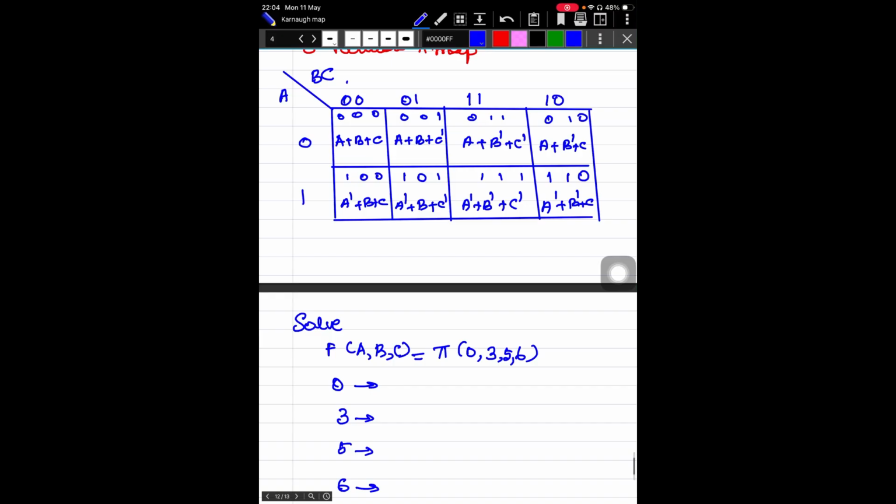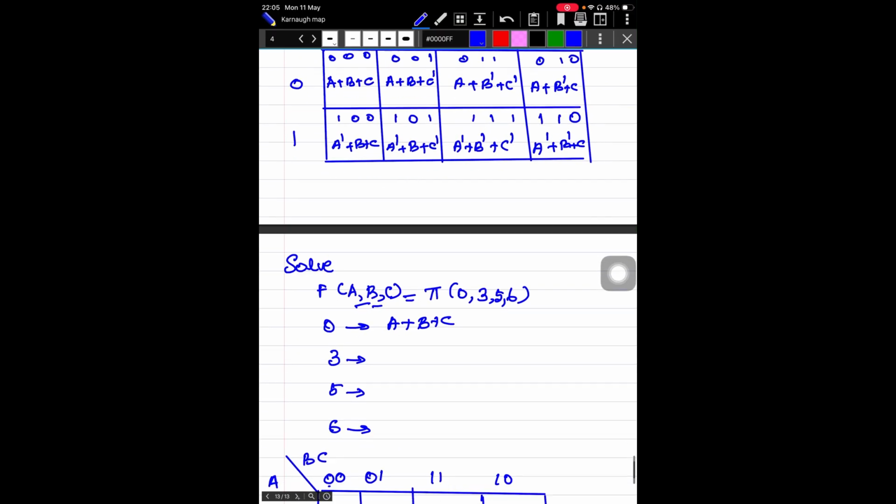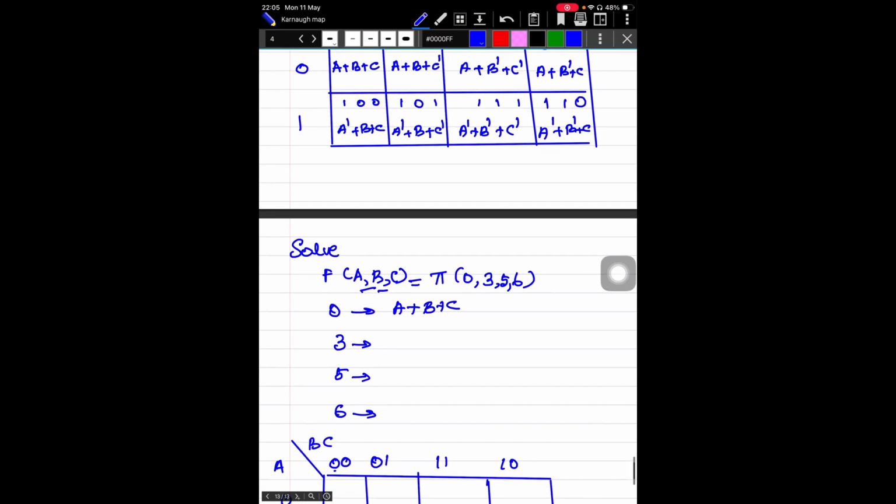Now, I have given a problem here. Solve f of a, b, c is equal to pi of 0, 3, 5, 6. As I did in the previous one, we will write the POS form for each of these numbers. 0 is, I have a, b, c as the variables, so A plus B plus C. What is 3 in the POS form? 3's binary equivalent is 0, 1, 1.